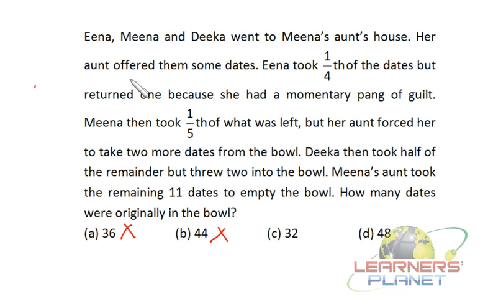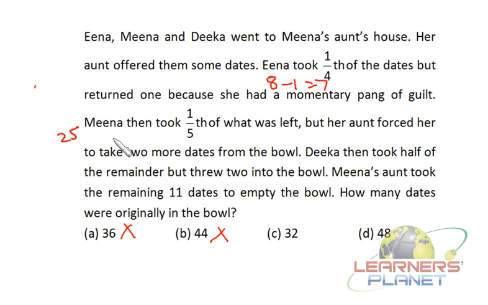Now let's assume the number to be 32. Ina took 1/4, that is 8. Then she returned 1, so finally she has 7. Now 32 minus 7, we are left with 25. Now Meena is taking 1/5 of what was left.